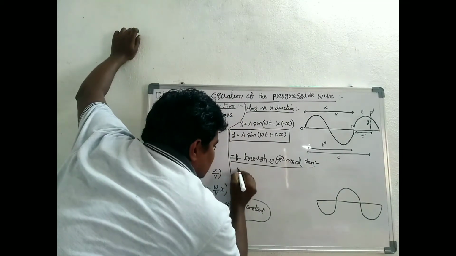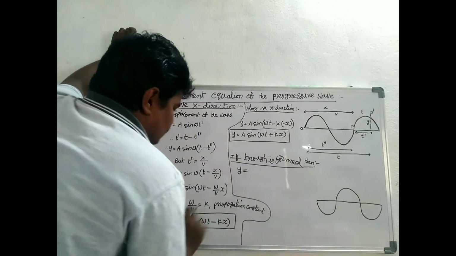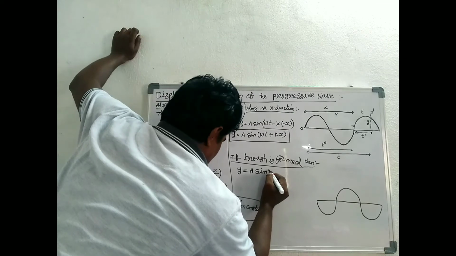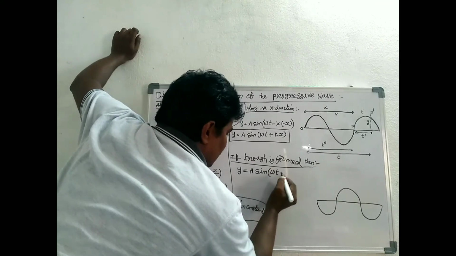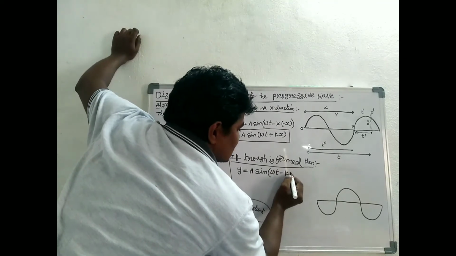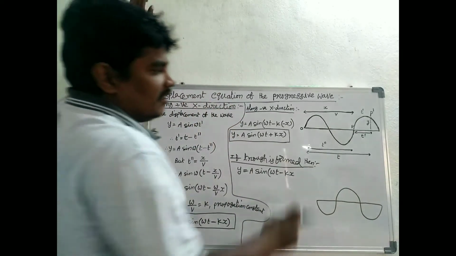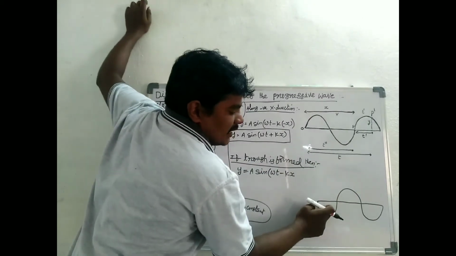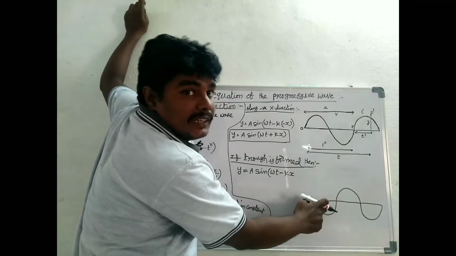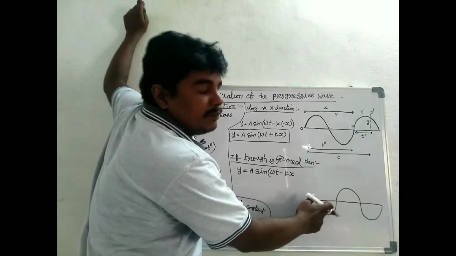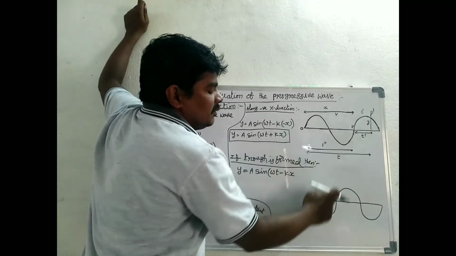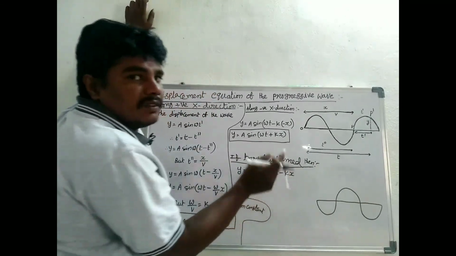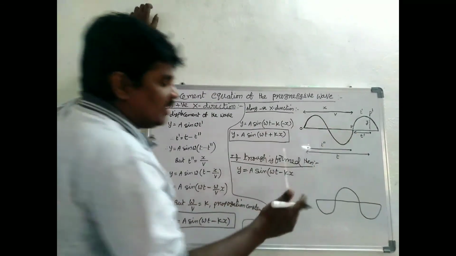Then the wave equation is y equals a sin omega t minus kx. When compared to this wave, it has a phase difference of 180 degrees or pi radians, because here a crest is formed but here a trough is formed. So there is a phase difference of 180 degrees or pi radians.